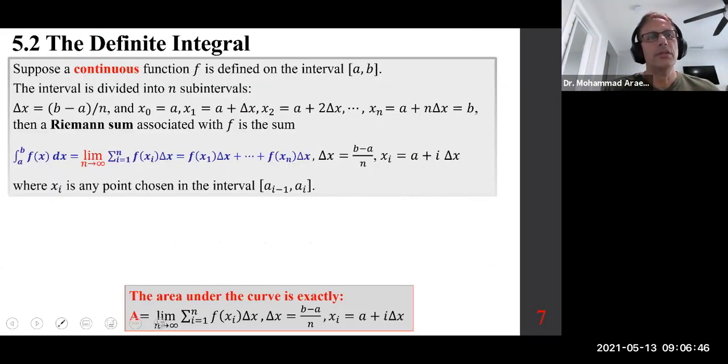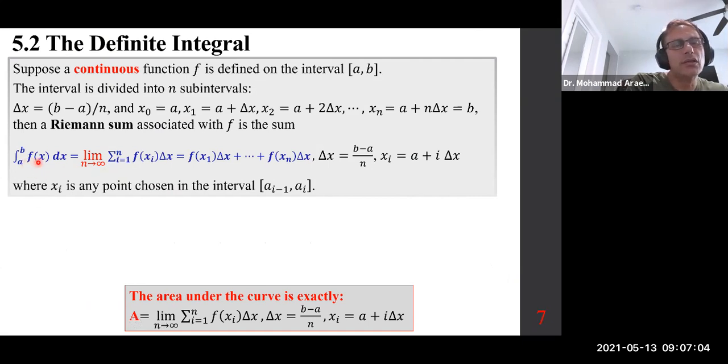The definite integral, basically the Riemann sum that we were discussing. The area under the curve becomes the limit of that Riemann sum, and it is defined as this.